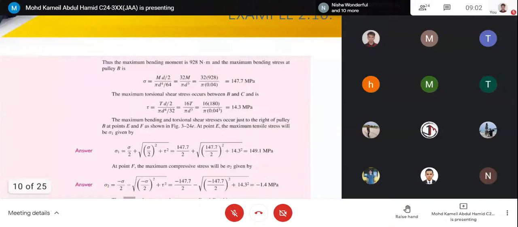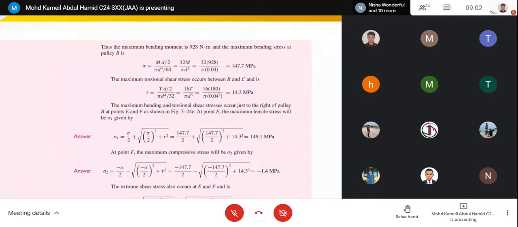This is to calculate your maximum torsional shear stress. That's why they mention between pulley B and pulley C; you consider the torque to be in between the two.